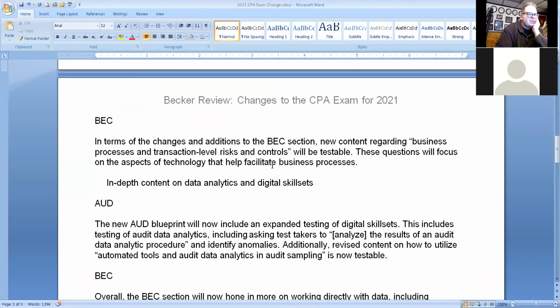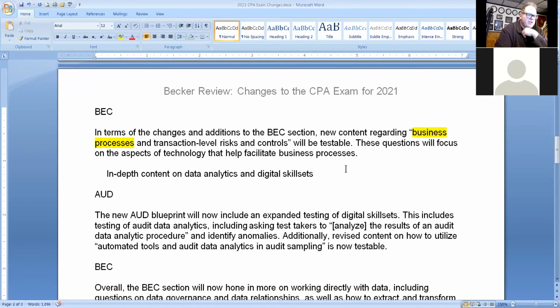The BEC section is the business section. Again, they're going to be looking at the processes. By the way, this is one of those areas that is sort of uncertain. It's uncharted territory, a new thing, so they're not 100% sure how these are going to be tested.